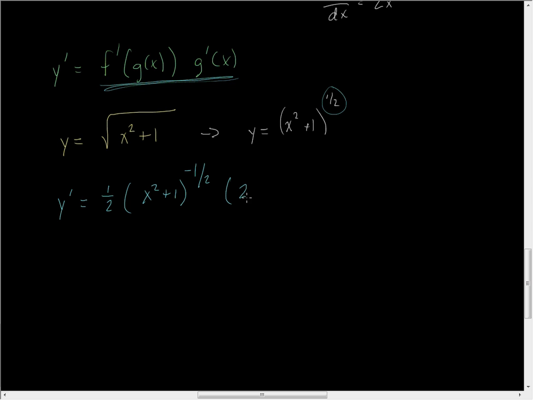And so y prime is then equal to 2x times 1, which is 2x, over 2 times the square root of x squared plus 1. The negative tells us to flip it to the bottom. The 1/2 gives us our square root.